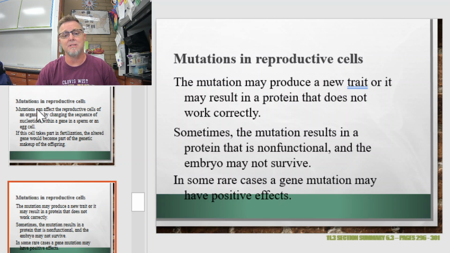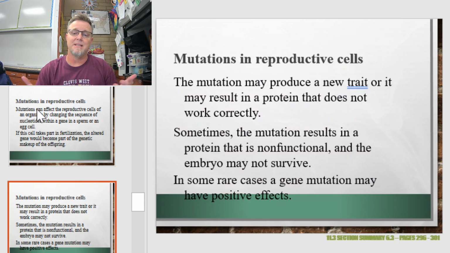Sometimes mutations, instead of just causing negative things like cancer, can actually produce things that are, theoretically, good. They could produce a new trait or create a new protein that didn't exist in the parents. Now, statistically speaking, the odds of a random mutation creating a new characteristic that is actually advantageous to your survival are pretty small, but the possibility is there, okay?